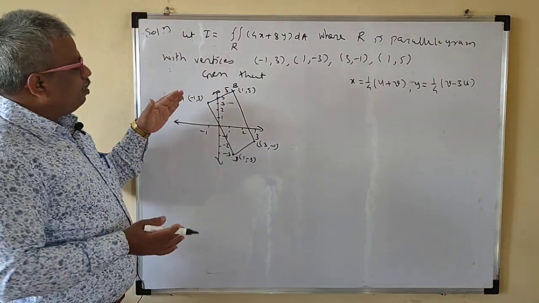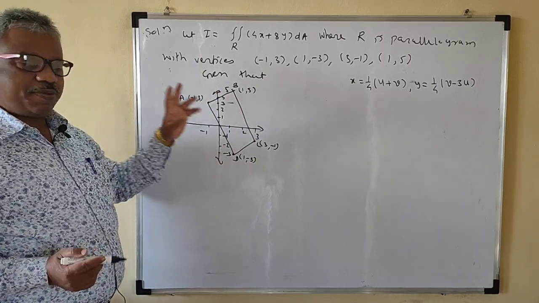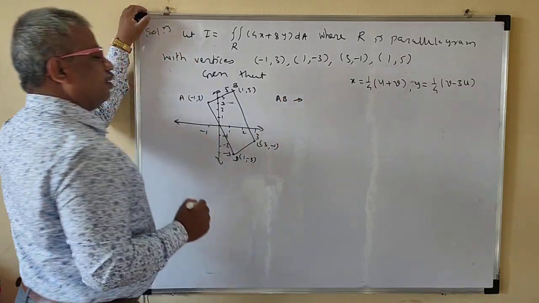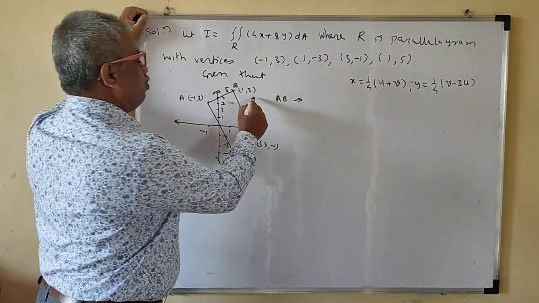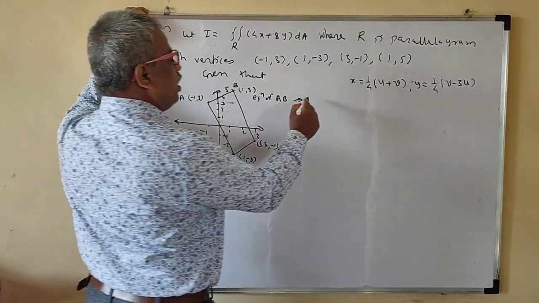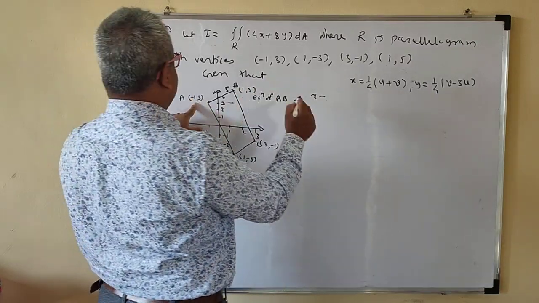Now I will find the equations of these lines, starting with AB. I call this x1, y1 and this x2, y2.